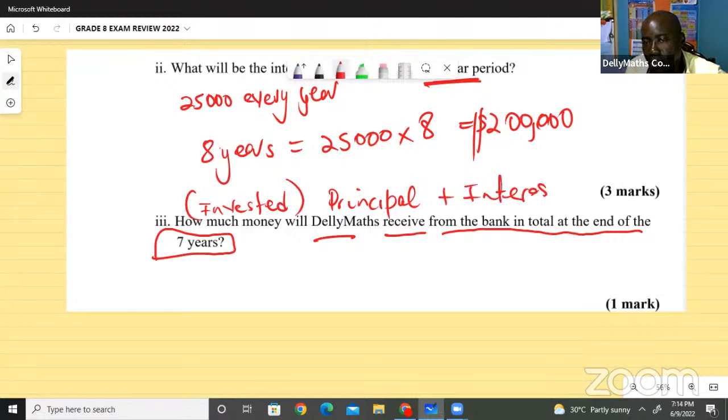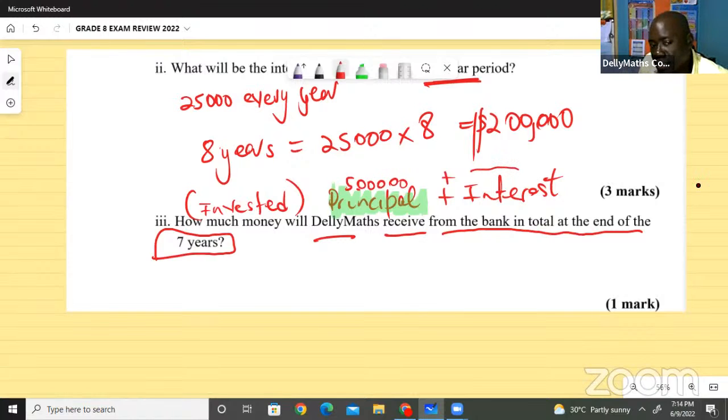The question didn't ask for the interest, but you need to work out the interest and add it back to the money that you started with. So imagine that you put down 500,000 in the bank. It's going to be your 500,000 plus the interest that you're going to get.